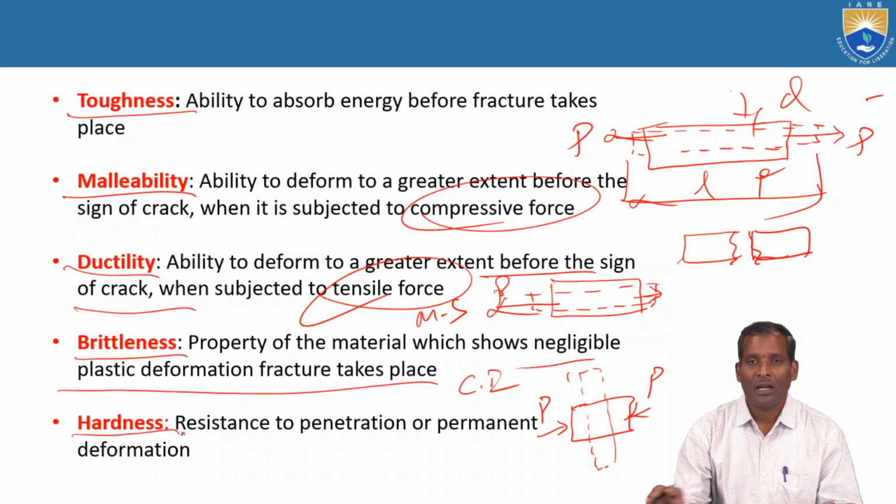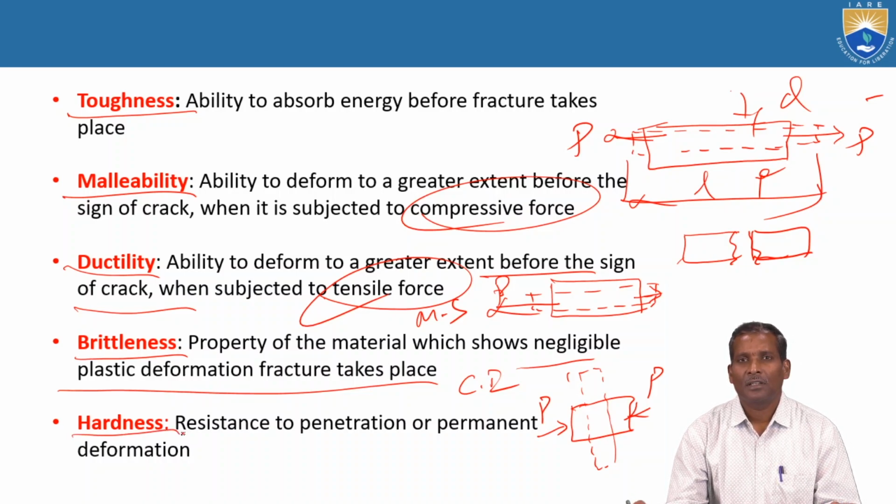So next one is hardness. Hardness is also a property of the material: resistance to penetration or permanent deformation. Suppose you applied a compressive load or impact load, the material should withstand the applied load.